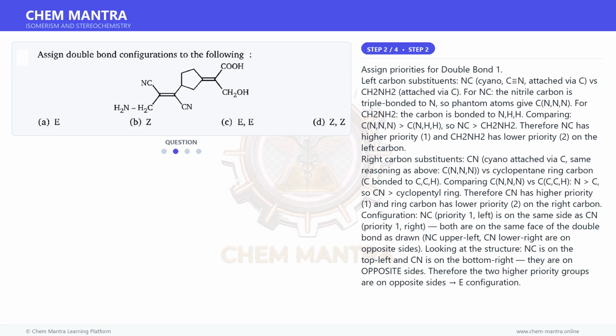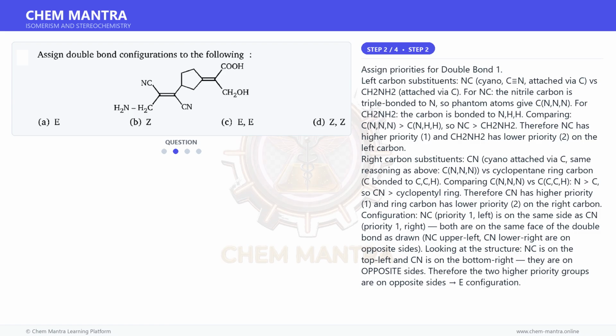Moving on to the next step. Assign priorities for double bond 1. Left carbon substituents: NC, cyano, CN, attached via C, versus CH2NH2, attached via C. For NC, the nitrile carbon is triple bonded to N, so phantom atoms give C, N, N, N. For CH2NH2, the carbon is bonded to N, H, H. Comparing C, N, N, N with C, N, H, H, NC beats CH2NH2.